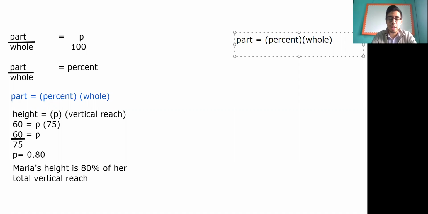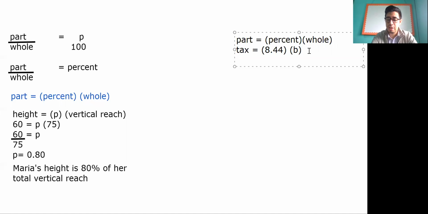The part, in this case, what is the smaller number we have? It is the tax, right? The tax is equal to the percent. You already have the percent, 8.44%, multiplied by the whole. What is the whole? The bill. We are going to use the variable b to represent the bill. This is what they paid for the food and beverage.